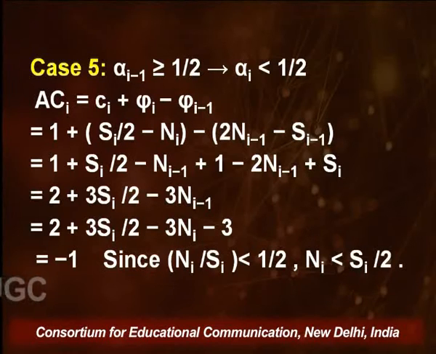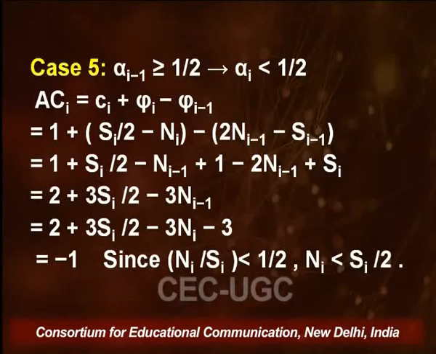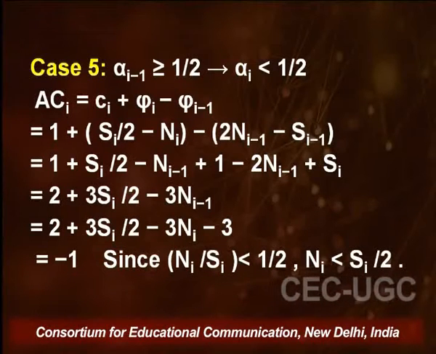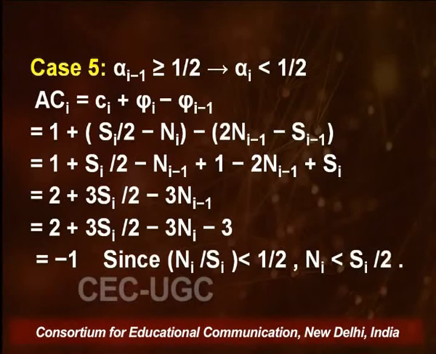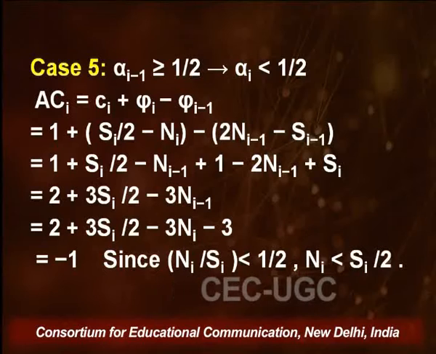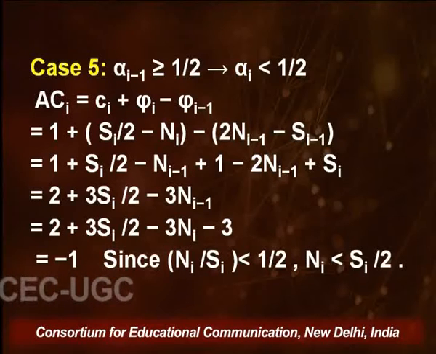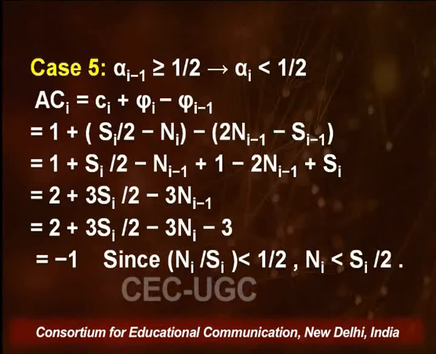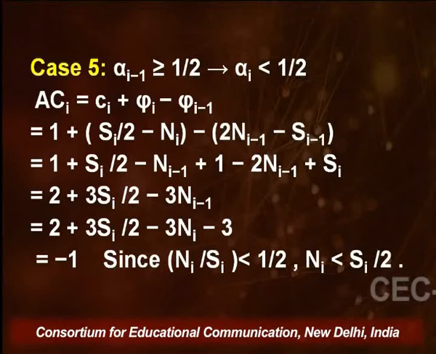So, the formula says s i by 2 minus n i, and in the bracketed term we have the value of phi i minus 1. Phi i minus 1 is the potential when alpha i minus 1 was greater than 1 by 2, so 2 into n of i minus 1 minus s of i minus 1.